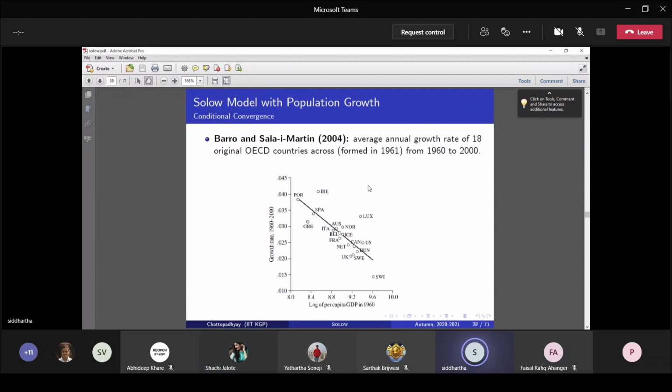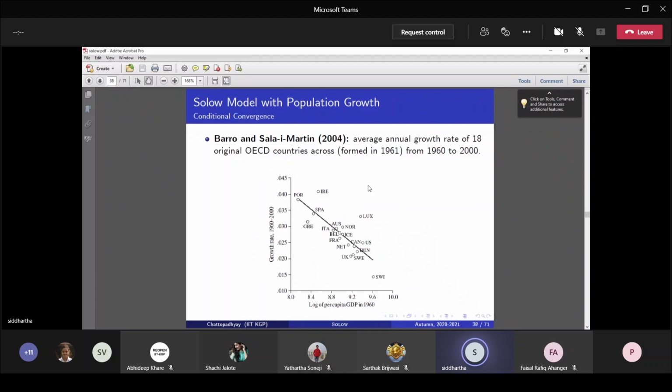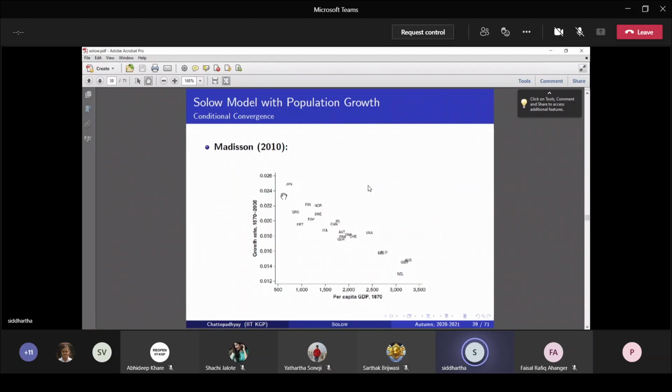At least these two figures are clear to everybody, I think. This empirical figure, when I'm analyzing countries for the year 1960 to 2000 or for 1870 to 2008, shows the prediction of the Solow model holds. The poorest country is growing at the highest rate. I think that part is clear. Now we are going to discuss, using the Solow model, whether it is really matching with the data or not.